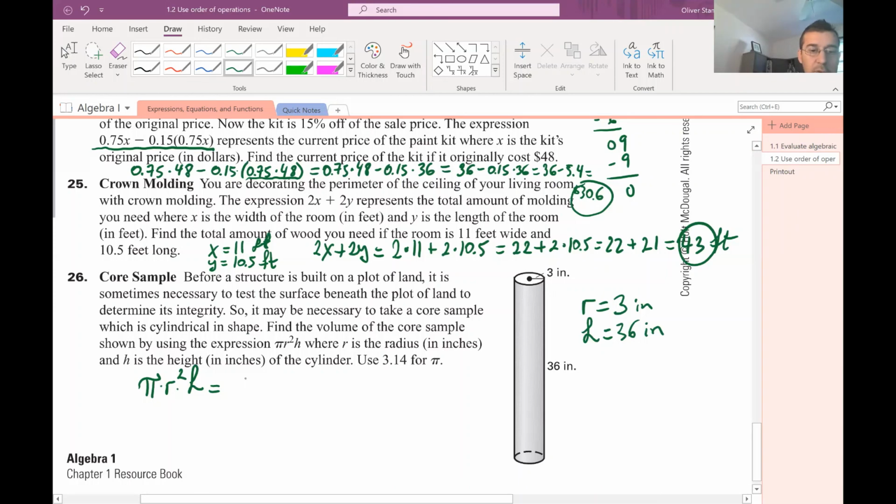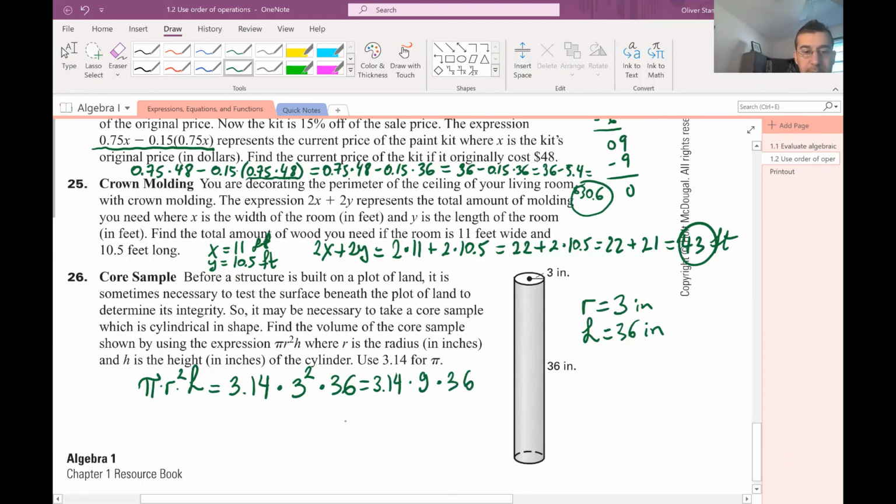So pi is 3.14. So let's start substituting values. So pi is 3.14 times r is 3, so 3 squared, and then times h is 36. What do we do first? We do the powers first. So 3.14 times 3 squared is 3 times 3, which is 9, and then times 36.